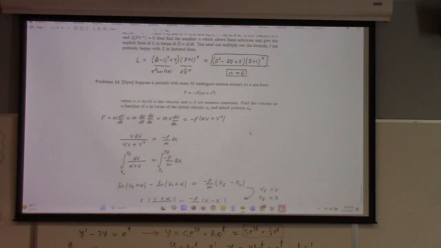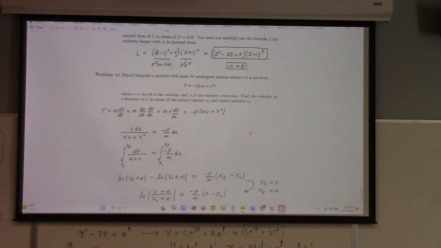So anyway, I can keep going through here. If you have the force given as a function of velocity, and I ask you to find the velocity as a function of position, it's important to know that m times acceleration can be rewritten as m times v dv dx, because that eliminates time at the level of calculus, and then we can just separate variables and solve for v as a function of x, right?